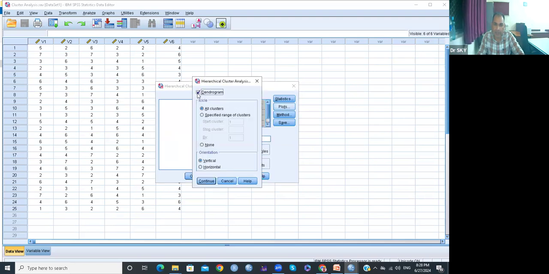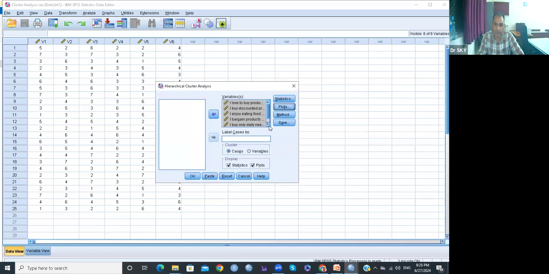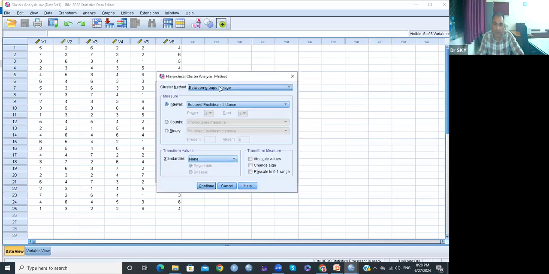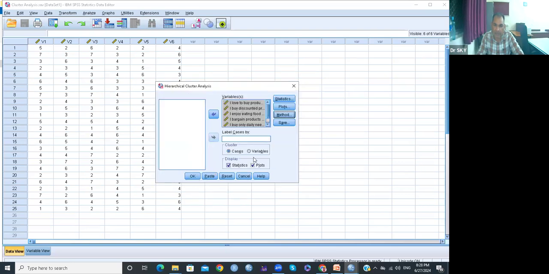We need this dendrogram. Again, go to method. Here you can select Ward's method as well, and squared is okay. And you can apply a standardization if you wish, from 0 to 1. Otherwise, you leave it. Click on OK.